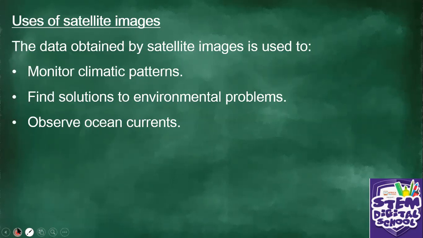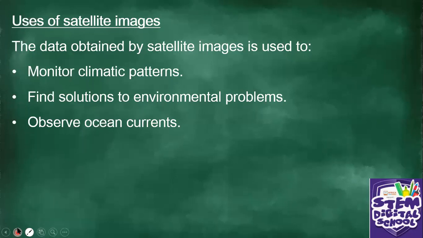Number 2, find solutions to environmental problems. Now, for example, the satellites give us information like deforestation in a particular area. It can show that maybe in 2010, for example, in South Africa, in Mpumalanga province, there were many trees in a certain area.